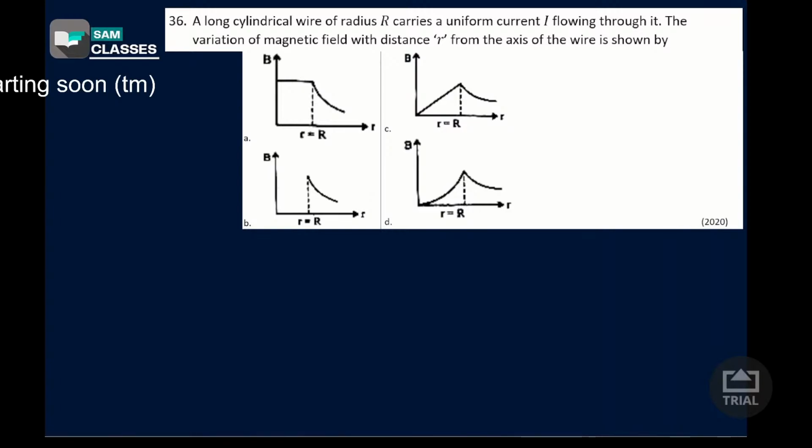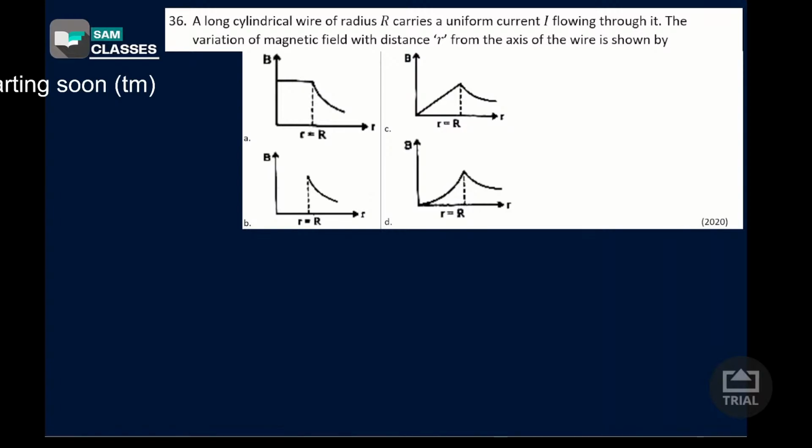So we got some different answers also: A, C. So B, why, ma'am? Because ma'am said the answer is directly proportional to the distance inside the conductor, inversely proportional outside. Okay, one reason, good. If the reason is the same, the answer should be the same. Why different? Let's see what your other answers are. Doesn't matter if the concept is wrong, we'll clarify.